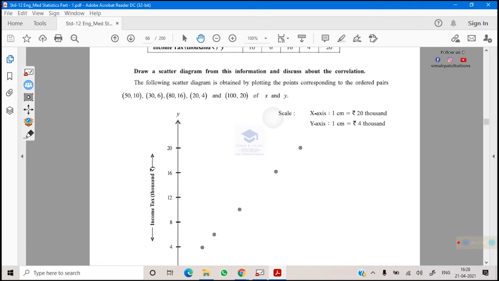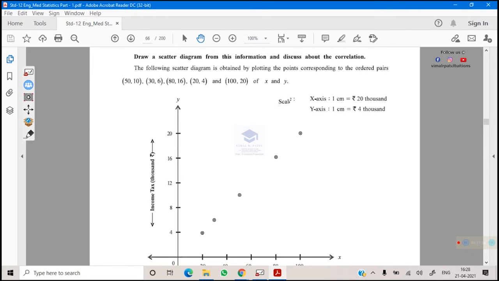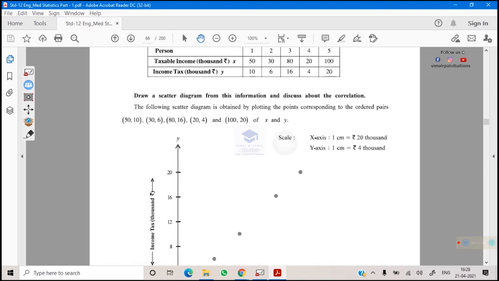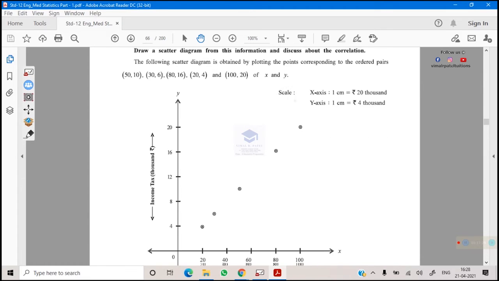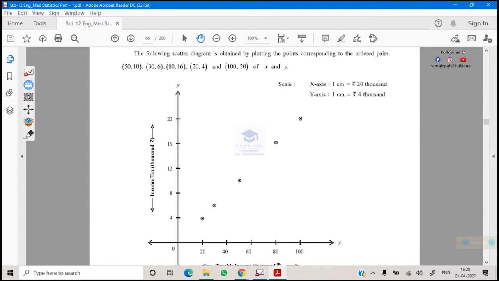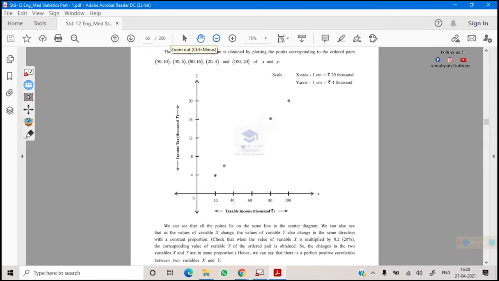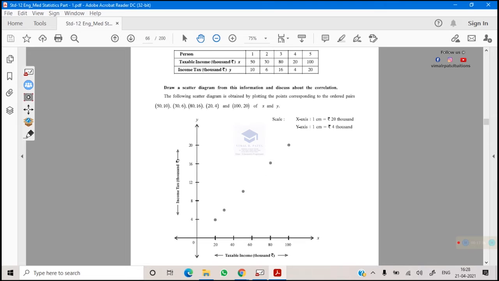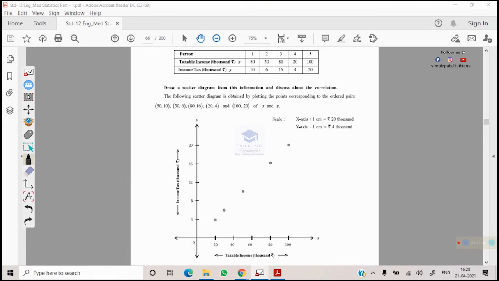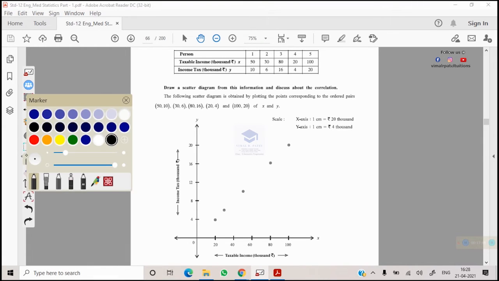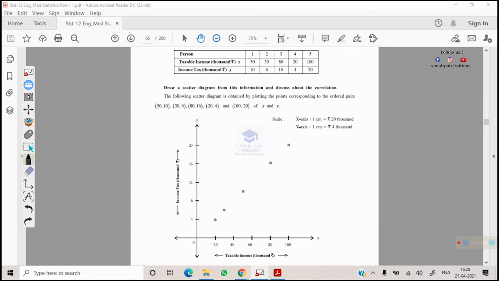Now, if we plot these values on graph paper, on the x-axis income, on the y-axis income tax. So when x is 50, y is 10, this.